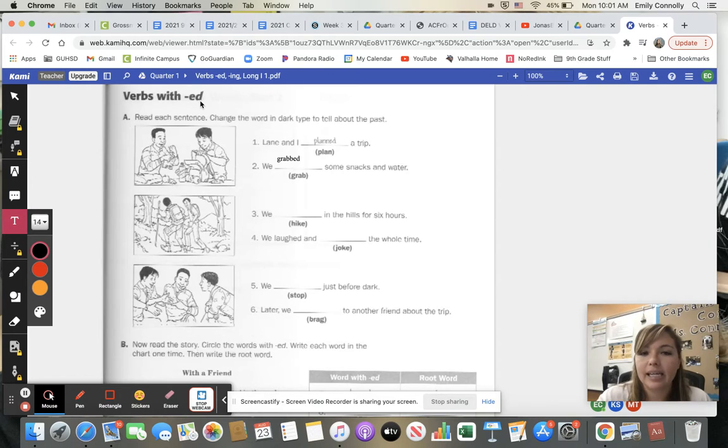Just add a D. So it should be, we laughed and joked the whole time. Please write it there now. Number 5, we stopped just before dark. So go ahead and fill it in there. Number 6, later we bragged to another friend about the trip. Go ahead and fill it in there.